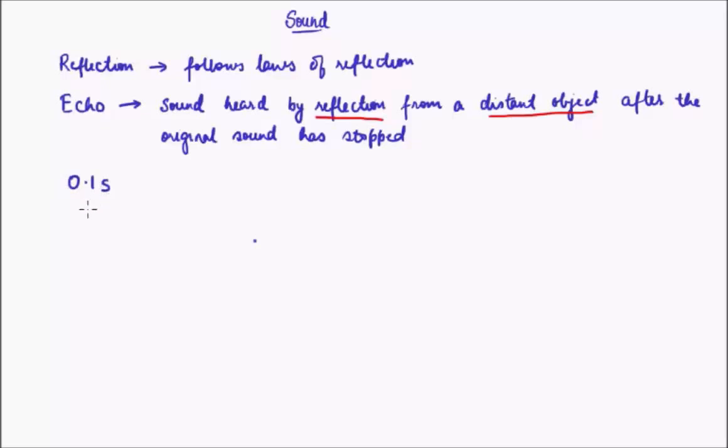So if two sounds come within a gap of less than 0.1 second, then the human ear cannot distinguish them. So in order to hear the echo, there should be a time gap of more than 0.1 second between the original sound and the reflected echo sound, right?